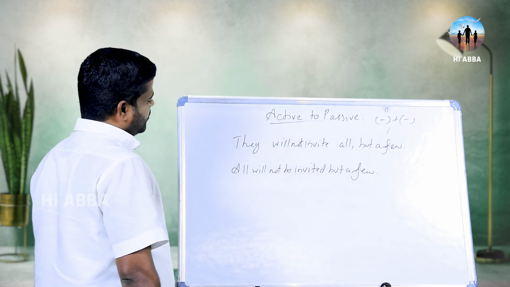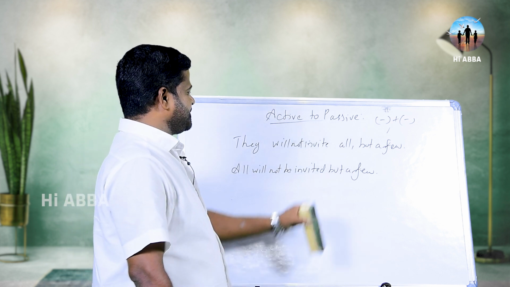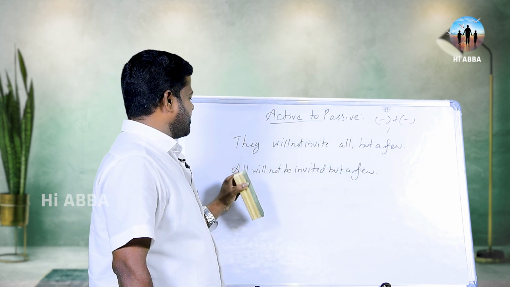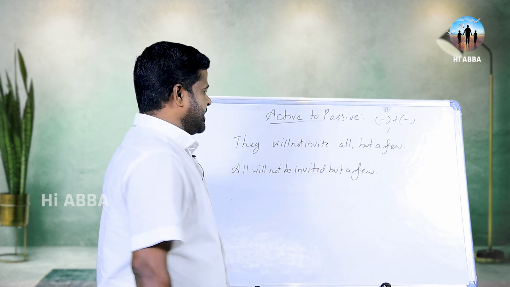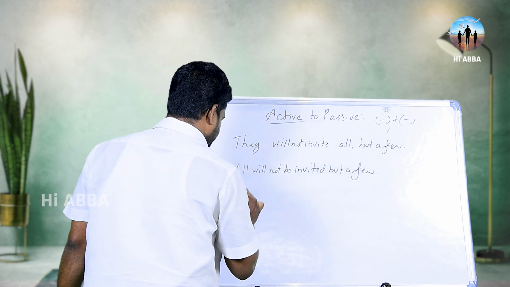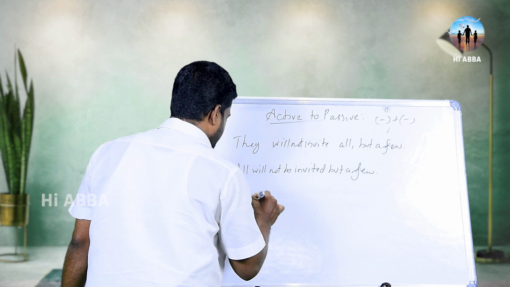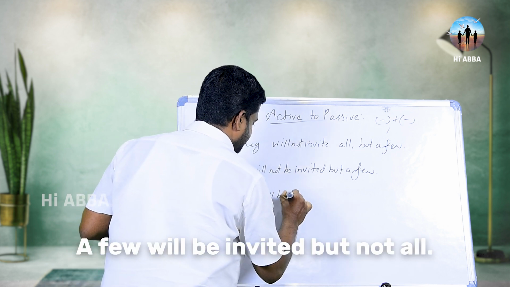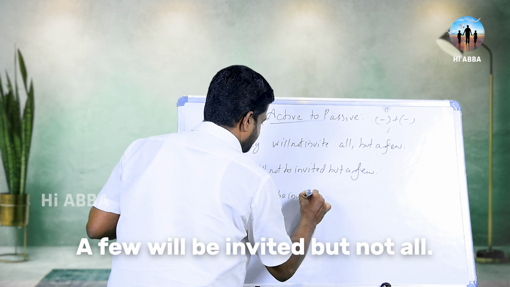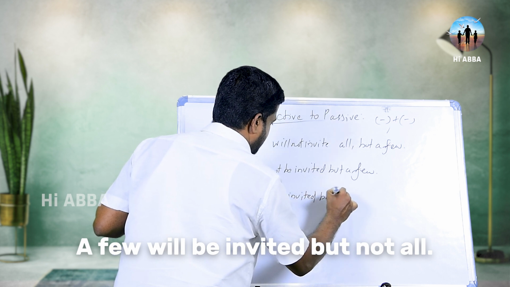So now again how that is done, you will have to pay attention. The negative sense is applied to this subject, the positive sense is applied to that subject. How will that become now? You see, a few will be invited but not all.